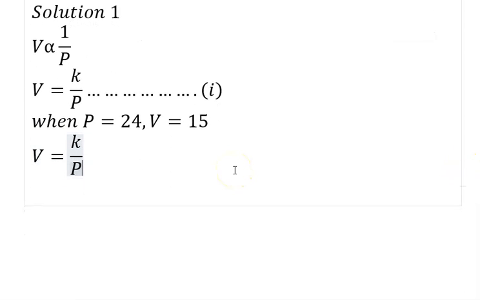Awesome. So our P is what? 24. And our V is what? 15. Awesome.